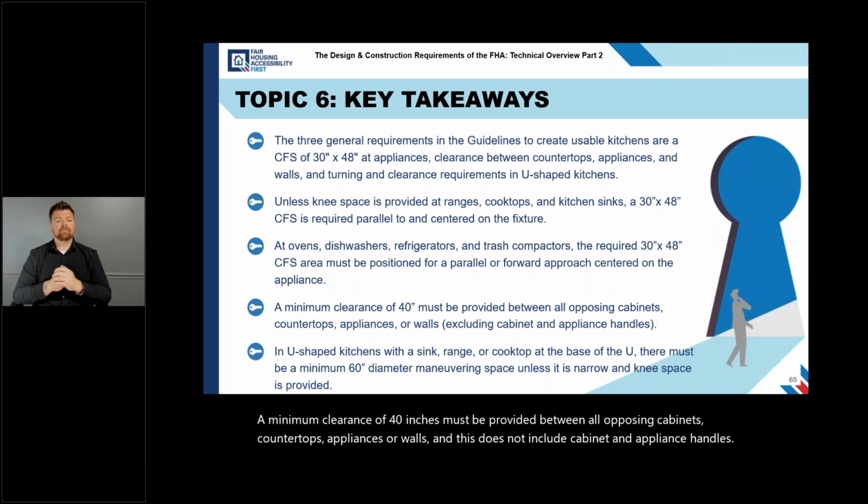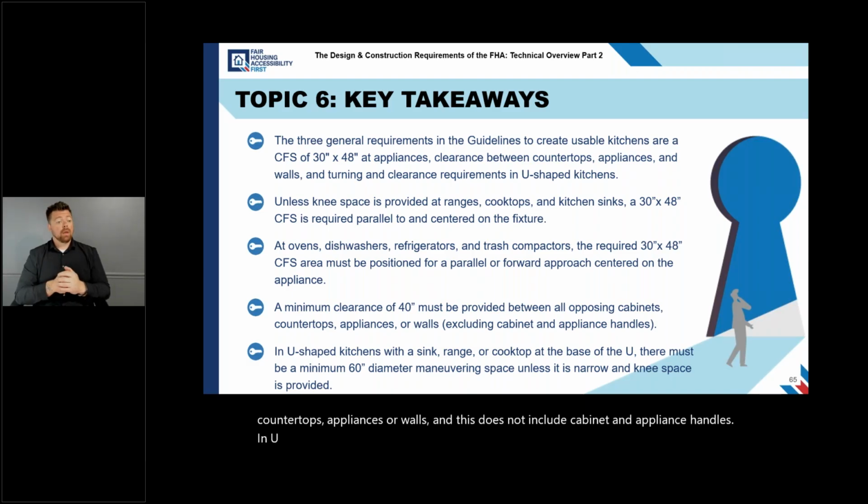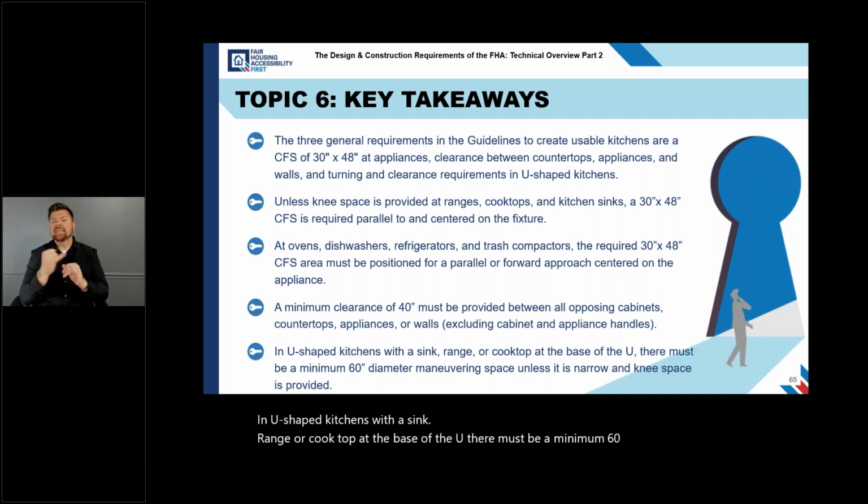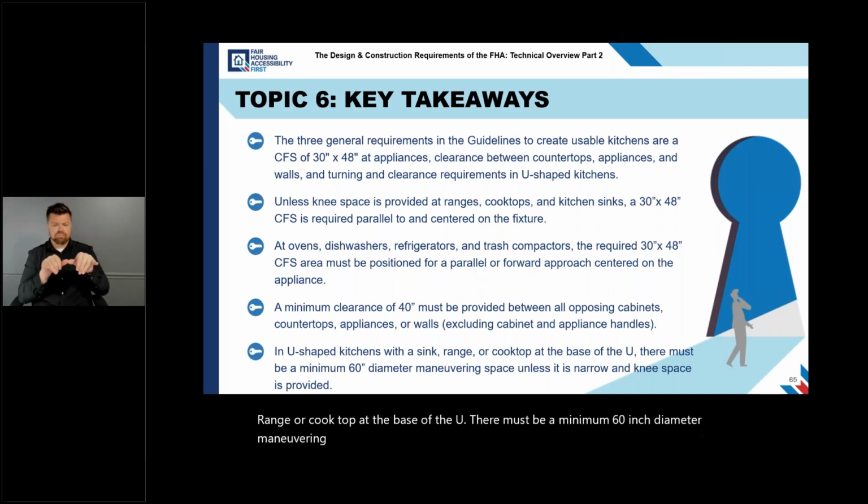In U-shaped kitchens with a sink, range, or cooktop at the base of the U, there must be a minimum 60-inch diameter maneuvering space unless it is narrow and knee space is provided.